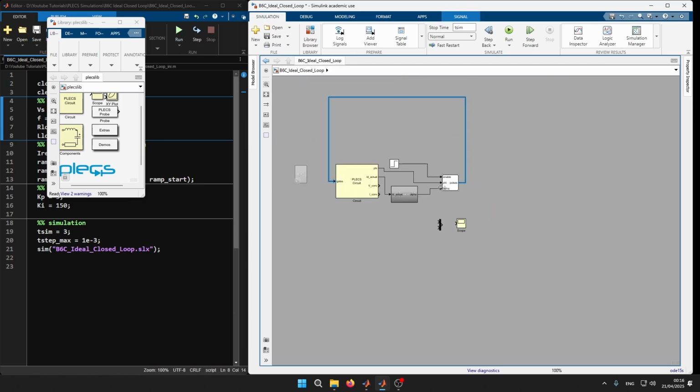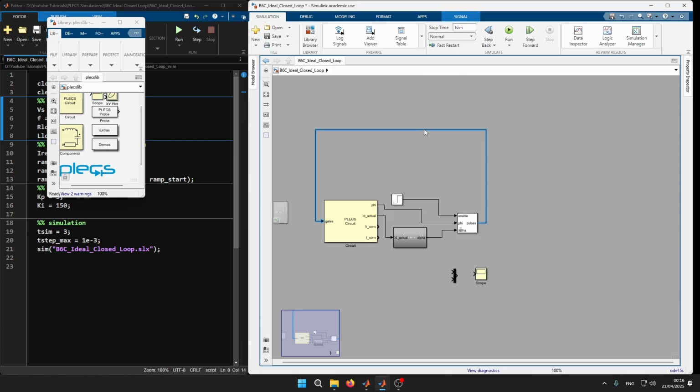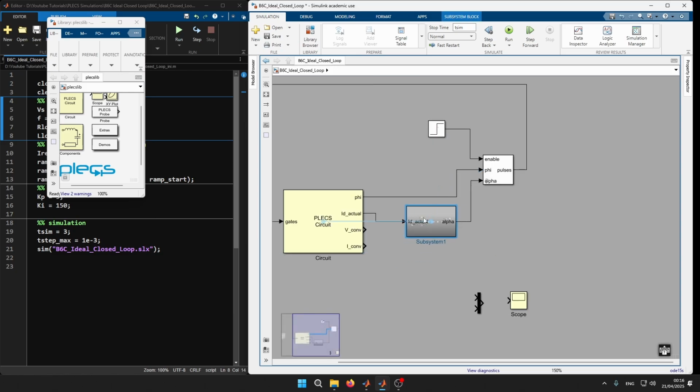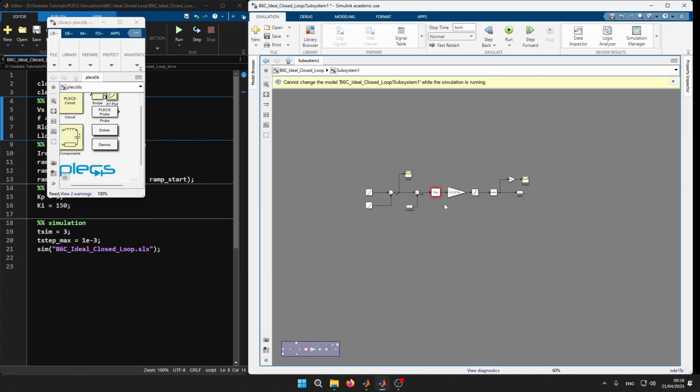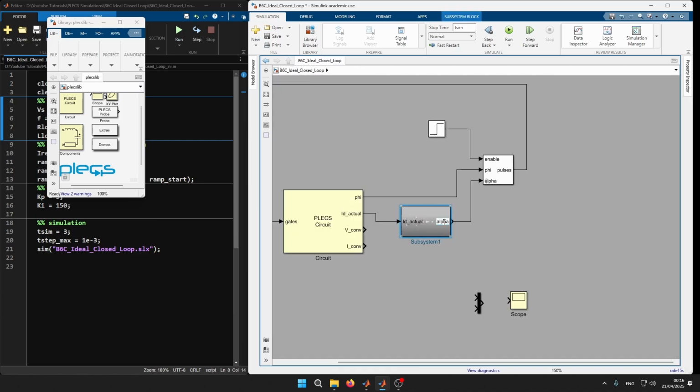Let's make some space. So I measure the value of the DC current, feed it to this controller block, and then it generates the firing angle alpha. Let's name this firing angle generator.